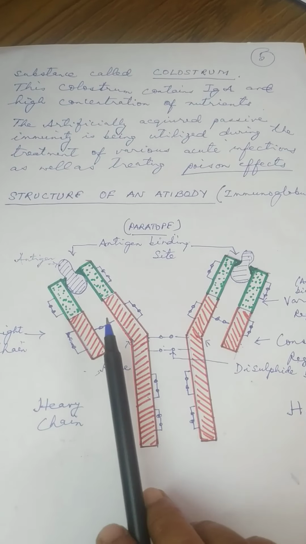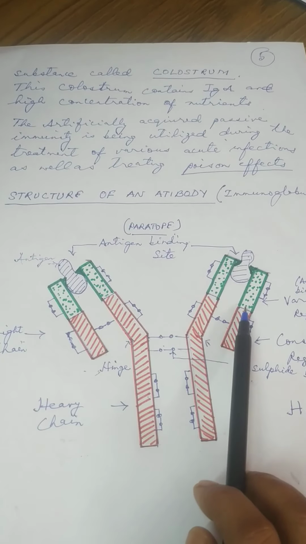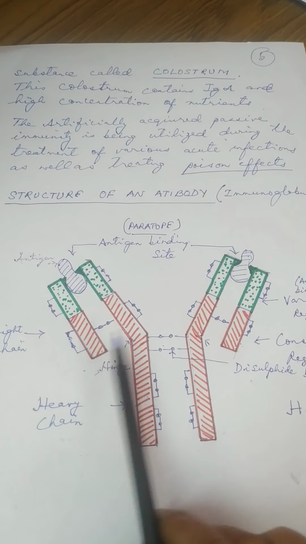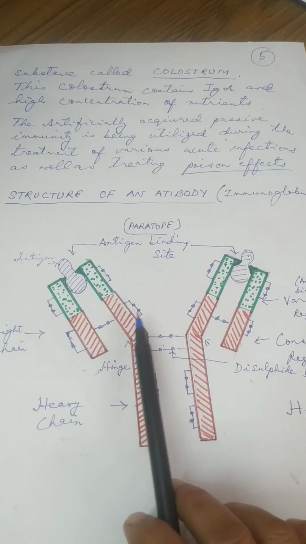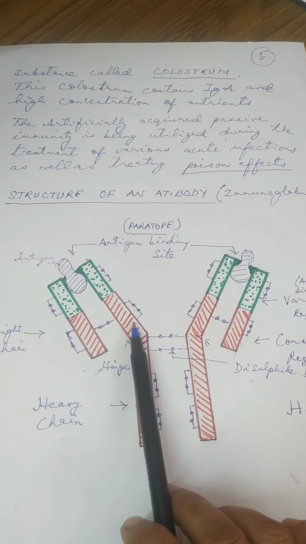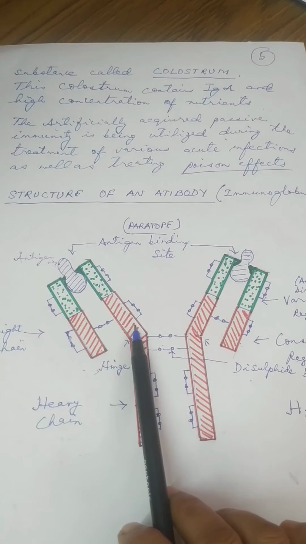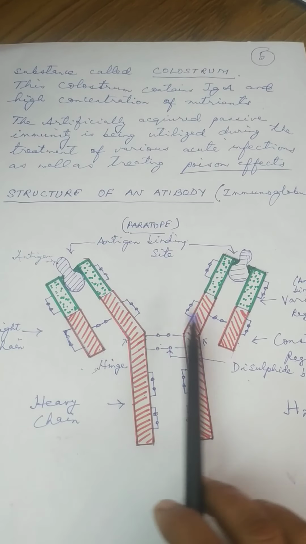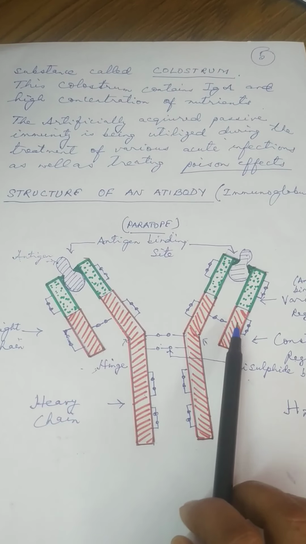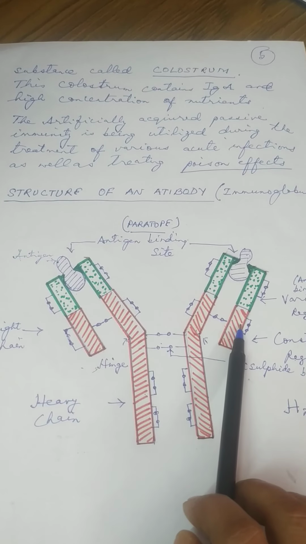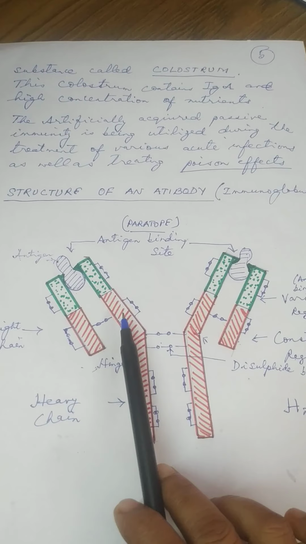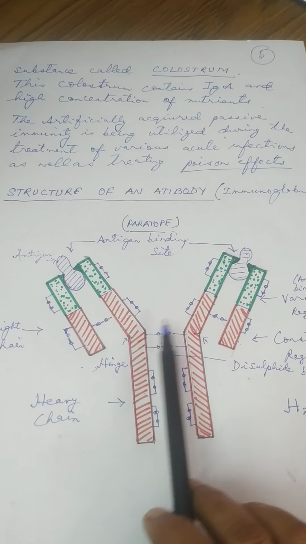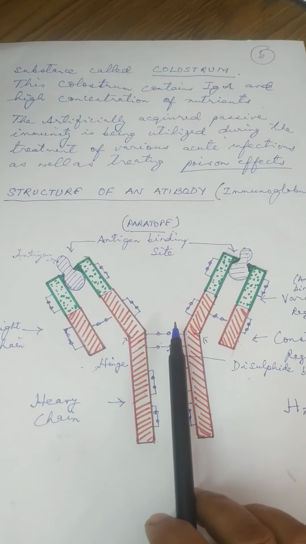Now out of the 4 polypeptide chains, 2 polypeptide chains are present outside and 2 polypeptide chains are present inside. Now the 2 polypeptide chains that are present outside are shorter polypeptide chains, and the 2 polypeptide chains that are present inside are longer polypeptide chains.